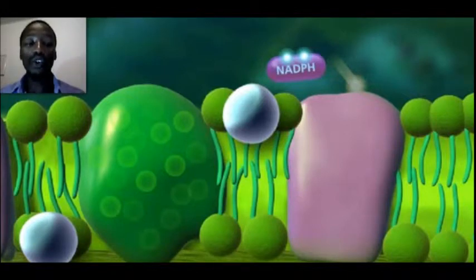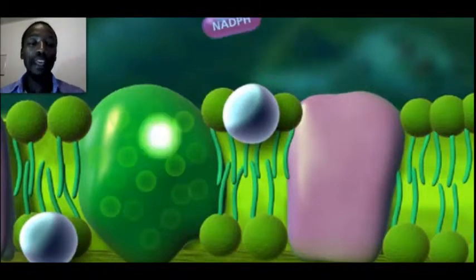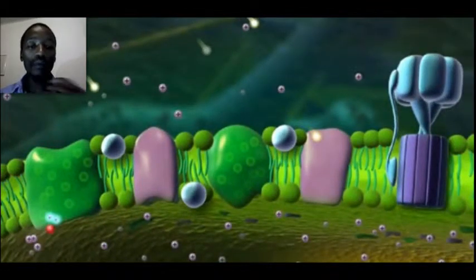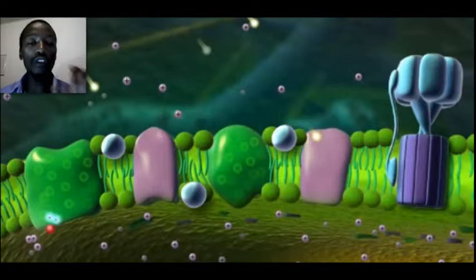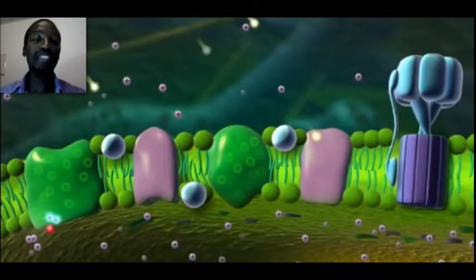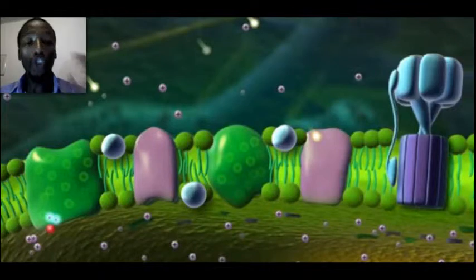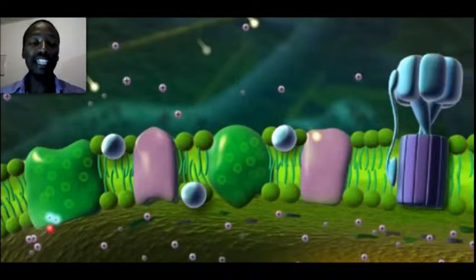It forms NADPH, so it's called NADP reductase. So that in a nutshell is what happens in order for us to get the two important energy forms that are going to be used during the Calvin cycle. Those are the two ways in which we get energy transformed into chemical energy.